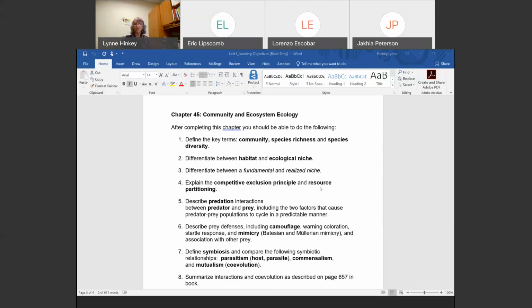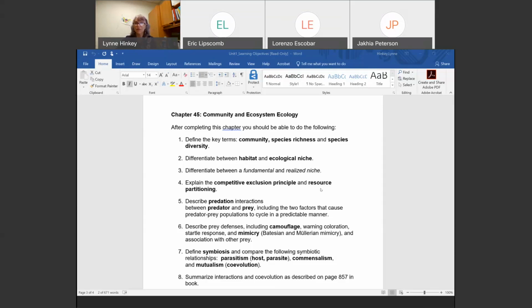So resource partitioning is we're going to divvy things up, because if we're both competing for the exact same resource, one's going to win and the other's going to lose. So the option is for the other one to go extinct in that area, or live in a smaller niche, in that realized niche.